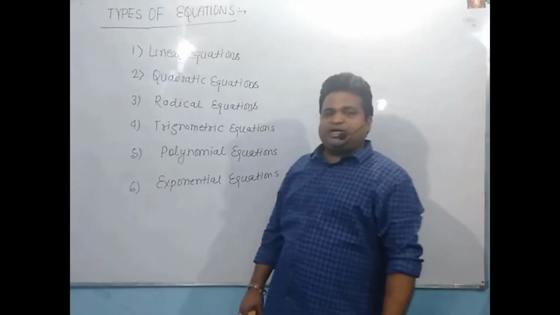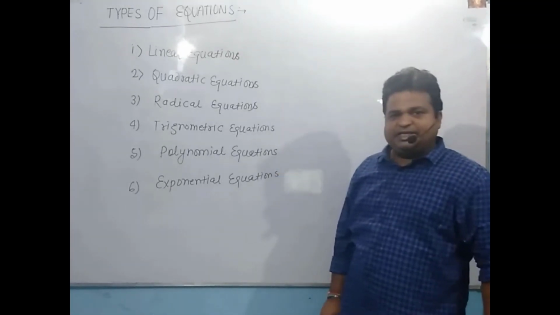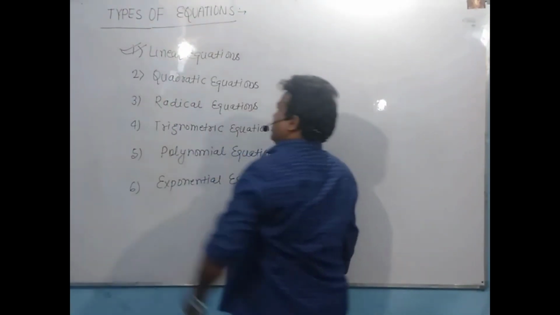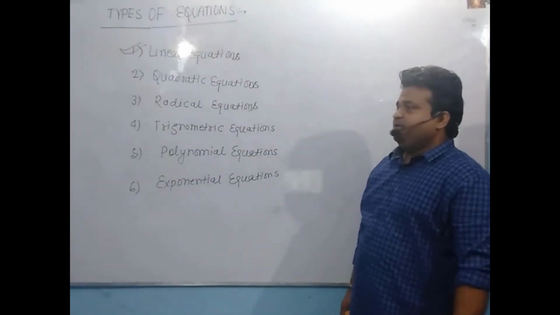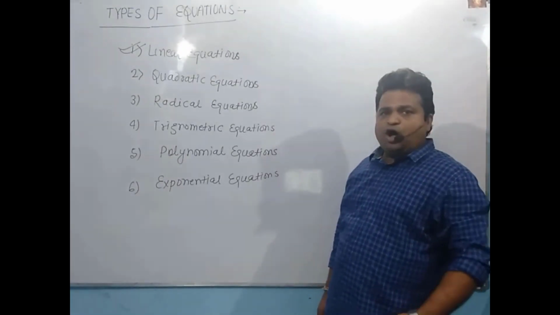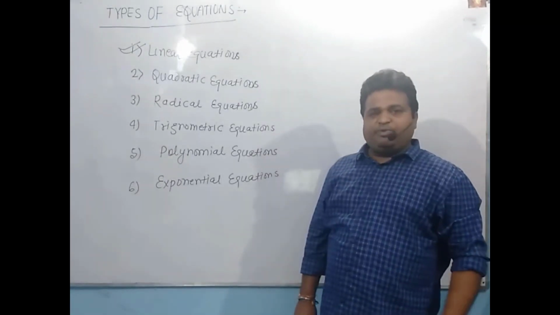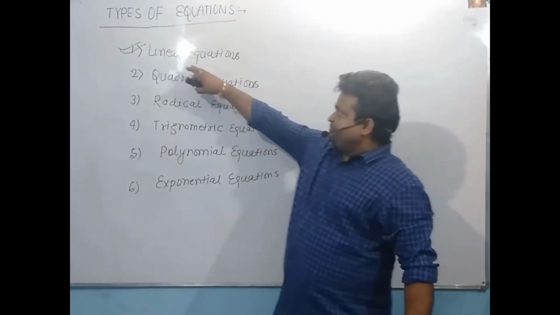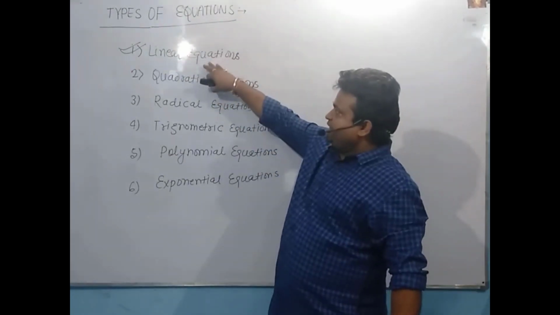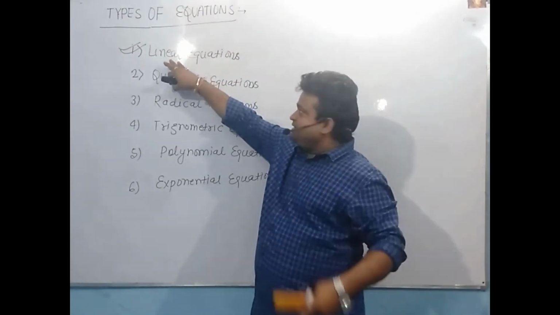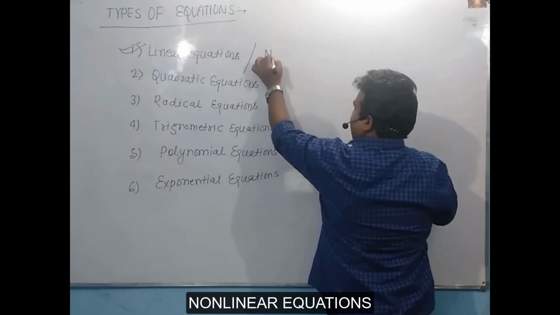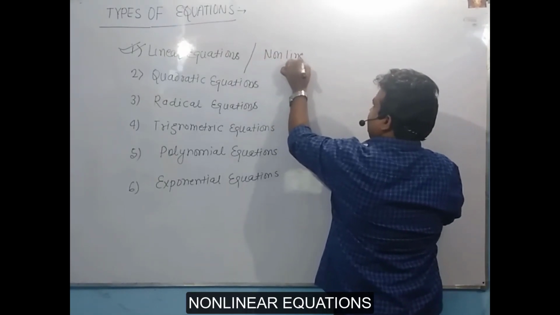But this particular section is based on only one kind of equation, which is linear equation. I am going to give you more examples of how you solve linear equations. But before going into detail, I'll tell you that there are two kinds of equation: linear equations as well as non-linear equations.